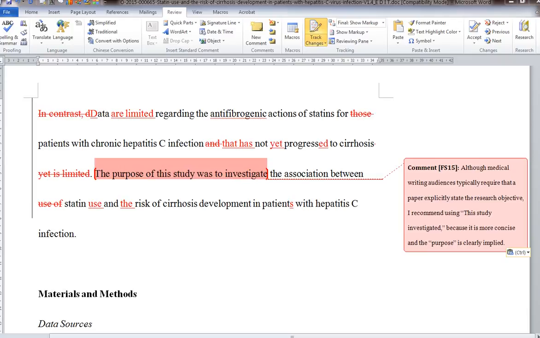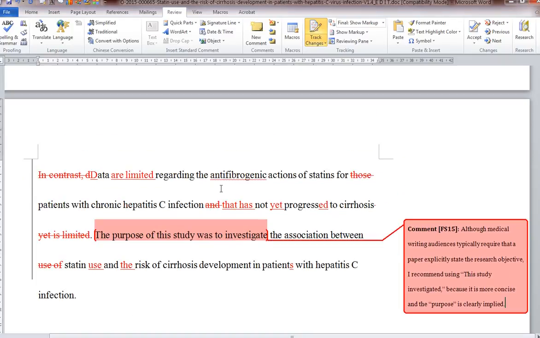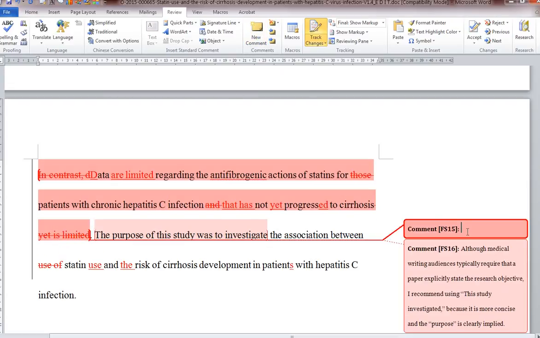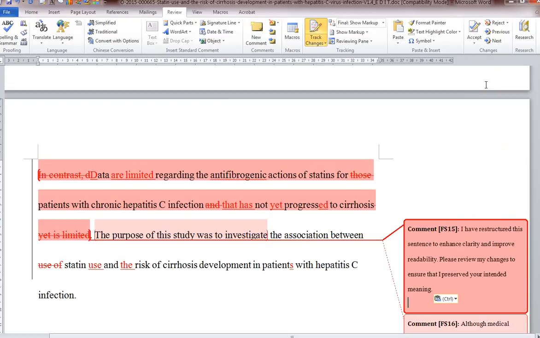Okay, I think I'm a little concerned about, okay. I made a lot of changes to this sentence, and I want the author to understand why I did so, at least in a general sense.